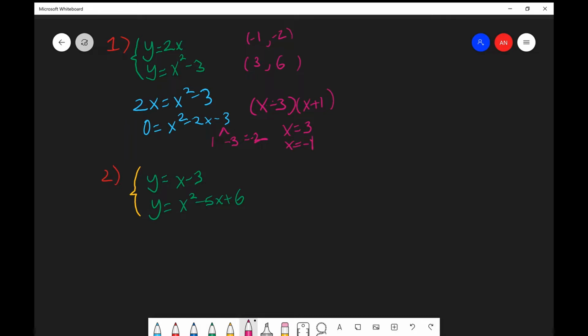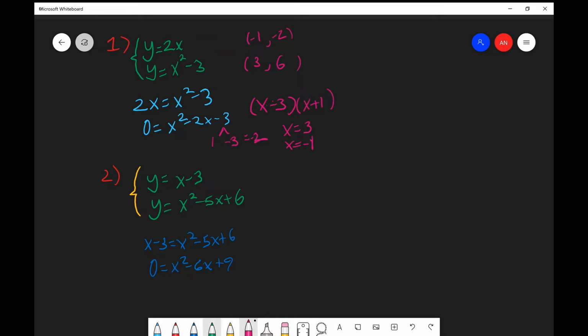Okay, for the second one, same thing, we can do x minus 3 is equal to x squared minus 5x plus 6. Then we could say 0 is equal to x squared minus 6x, because we're subtracting the x from both sides, plus 9 because we're adding the 3 to both sides.